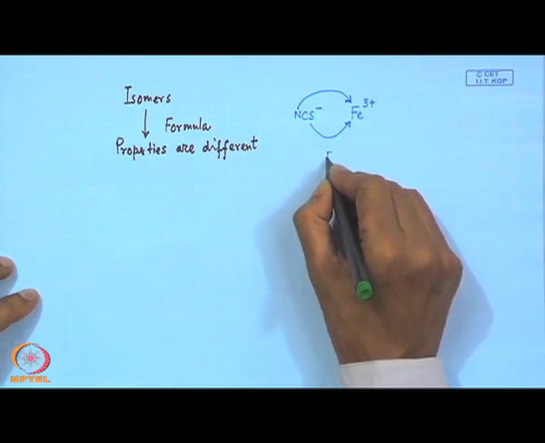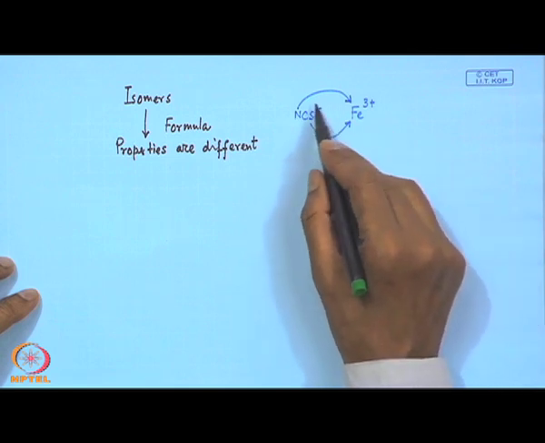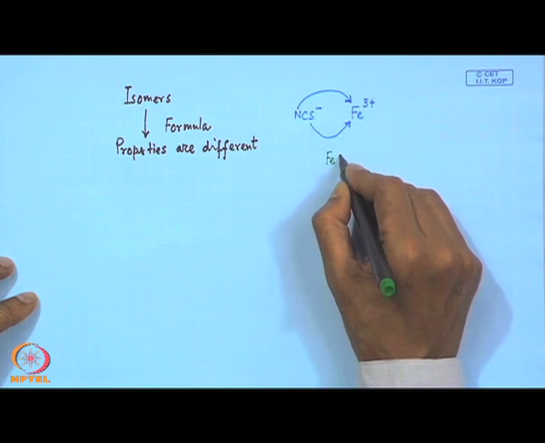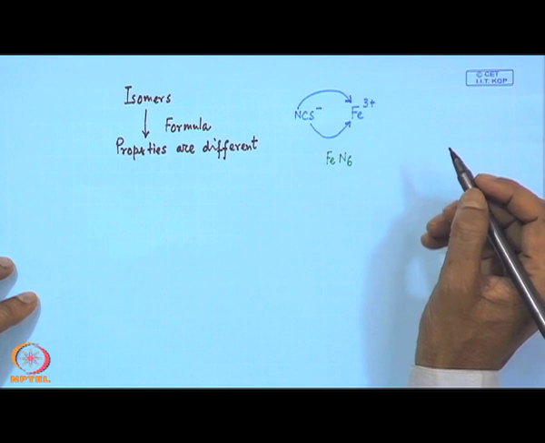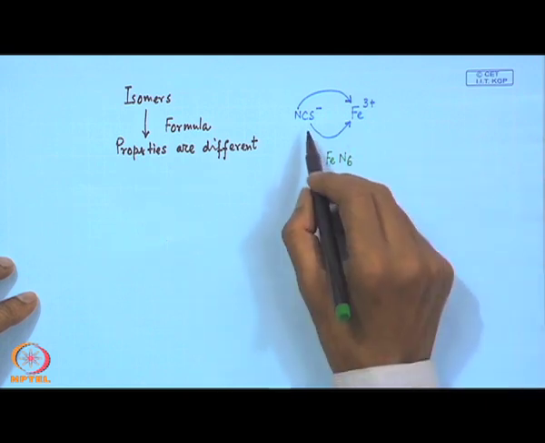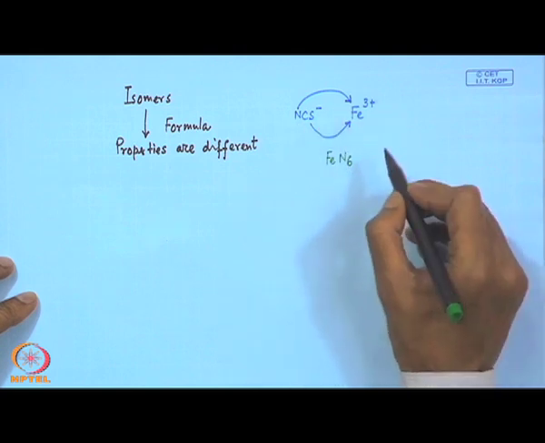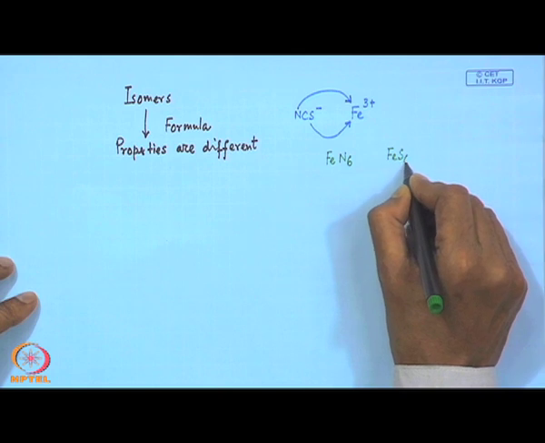If they are all bound to the thiocyanate anion, in one case we have a coordination environment of FeN6, where all the thiocyanate groups are bound to iron through nitrogen only, and in another case we can have FeS6.